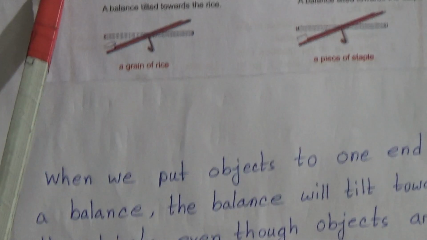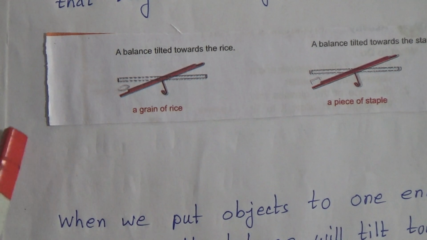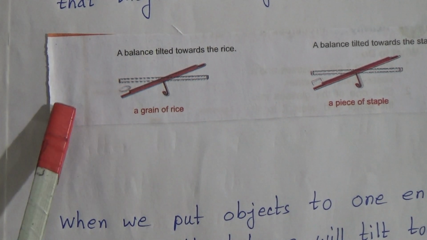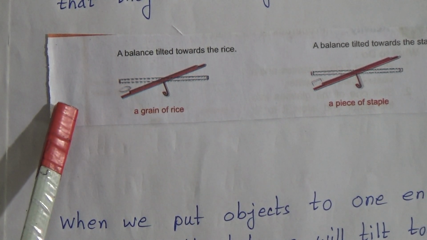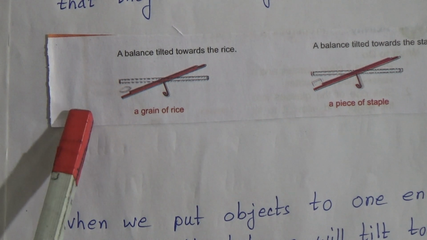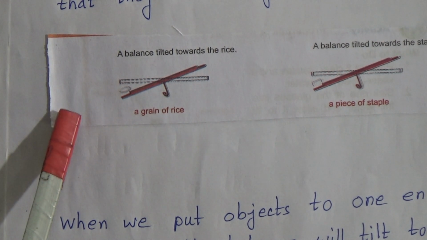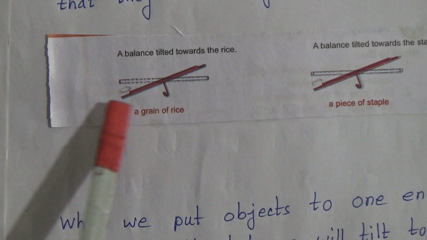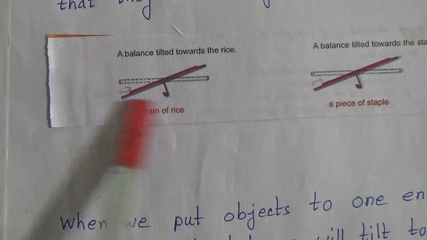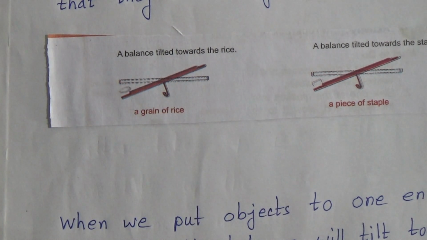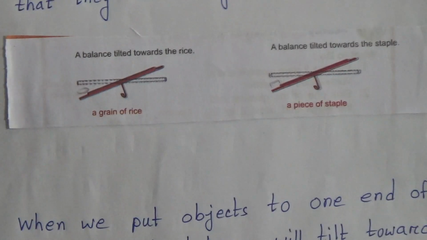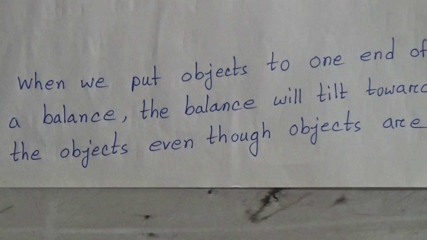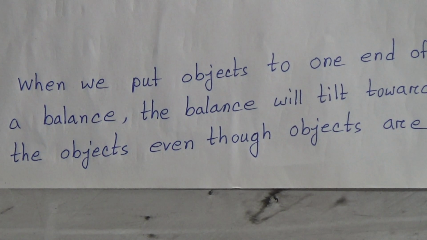Look here, students. Here is another experiment. With the help of this experiment, we will know that all matters have weight, even a very small grain or a pin. For this experiment, we need a beam balance.